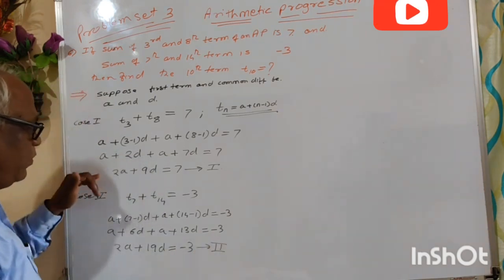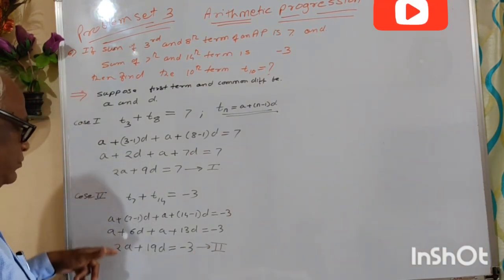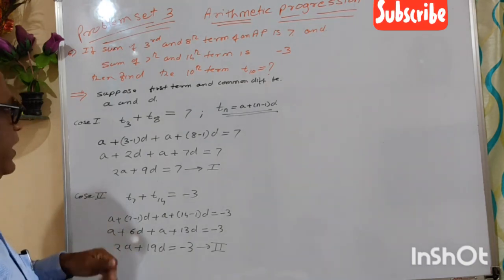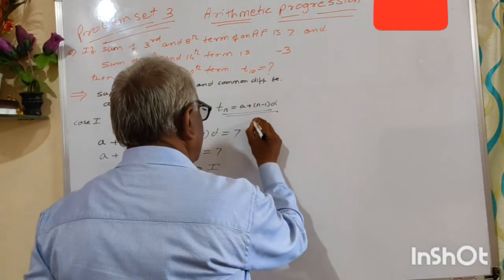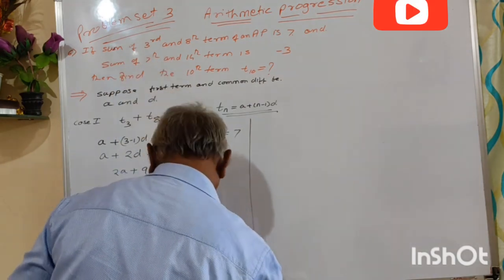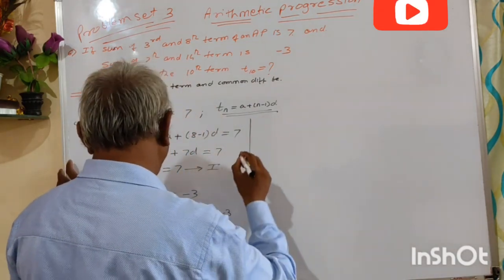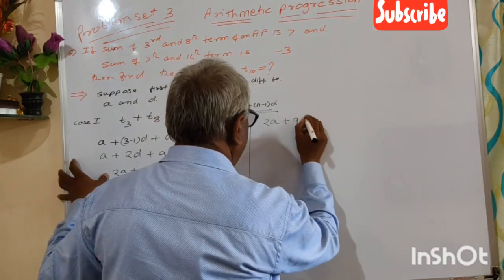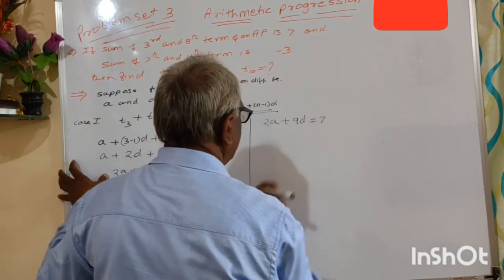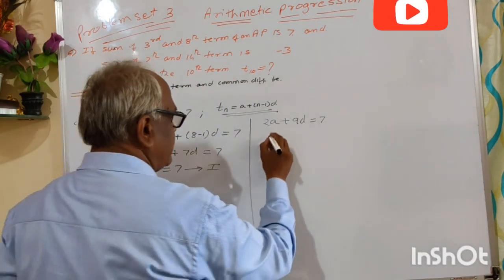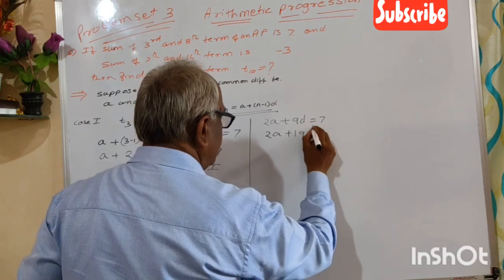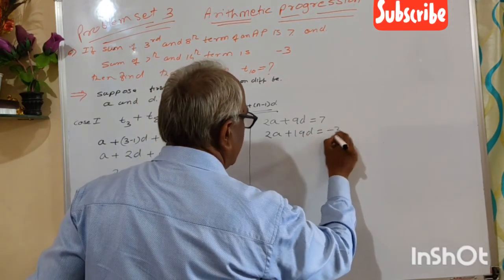Now if you solve equations 1 and 2, you will get the values of A and D. I will solve it here. Equation 1 is 2A plus 9D is equal to 7, and the second equation is 2A plus 19D is equal to minus 3.